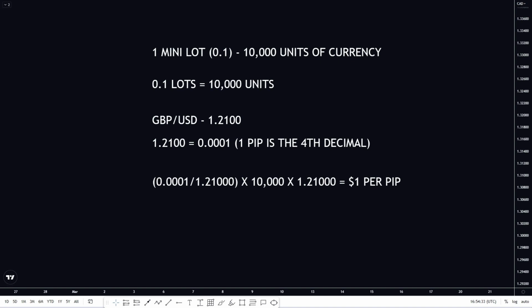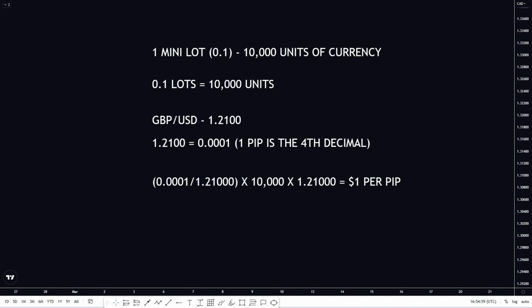And there's actually a faster way to work this out, which I'm going to show you in a moment: how you can just look at the currency pair, identify which currency you need to focus on, and then, related to whatever your lot size is, there's an easier way to understand it in the moment if you haven't got time to put this equation into a calculator.